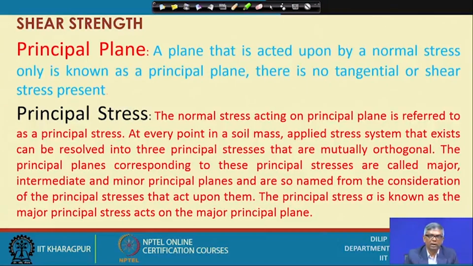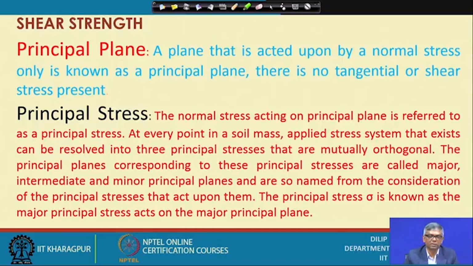Similarly, the principal stress is the normal stress acting on the principal plane.